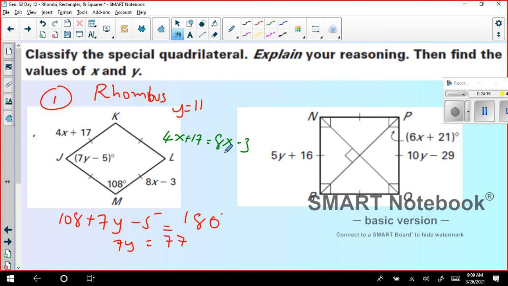So subtract 4x from both sides and add 3 on both sides. Once I subtract 4x from both sides and add 3, I get 20 equals 4x. And then dividing by 4, I get x equals 5.